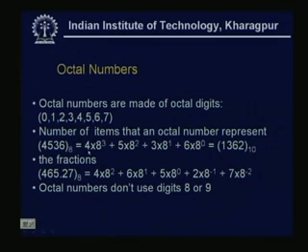So it should be 4 into 8 to the power 3 because the base is 8, 5 into 8 square, 3 into 8 to the power 1, 6 into 8 to the power 0, and if I do this computation, multiplying and then adding, I will get 1362 in our decimal system. So 4536 in the octal system is nothing but 1362 in our normal decimal system.